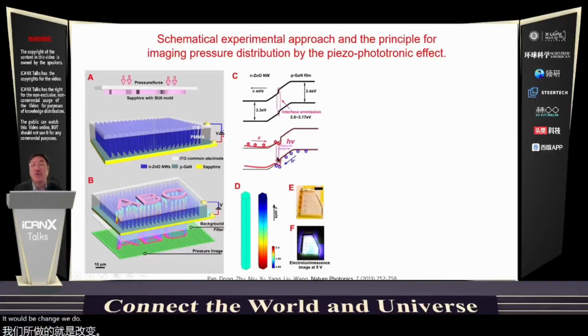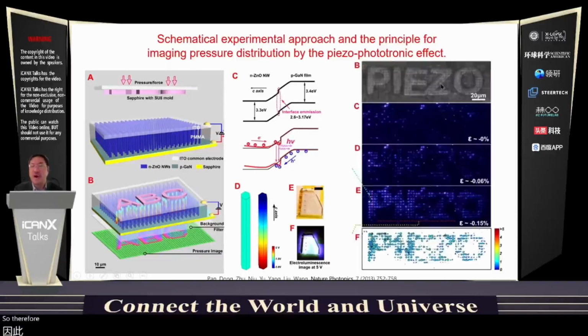We can do that because each pixel we can independently control. So therefore, after you apply 0.15% compressive strain, all these 5 letters can give you very distinctive LED emitting light. One nanowire is 1 pixel.